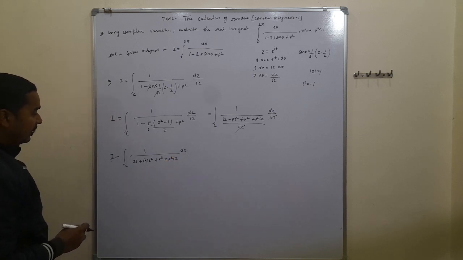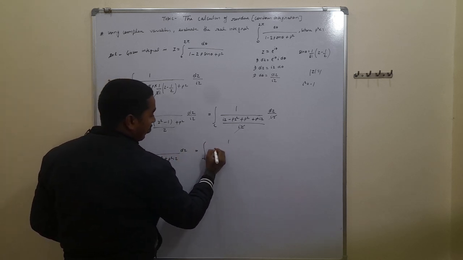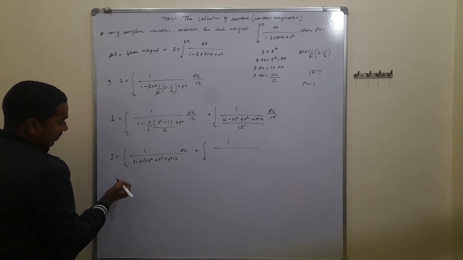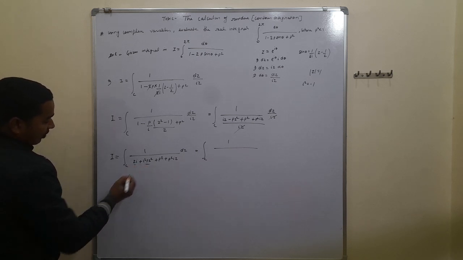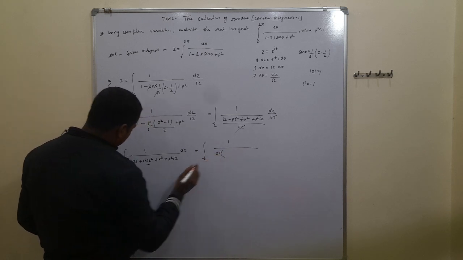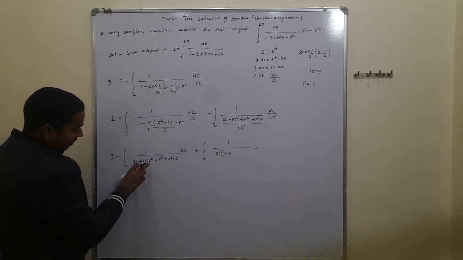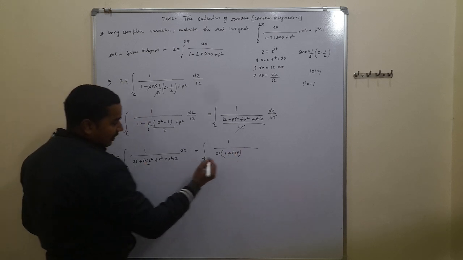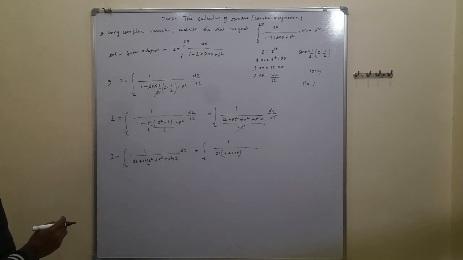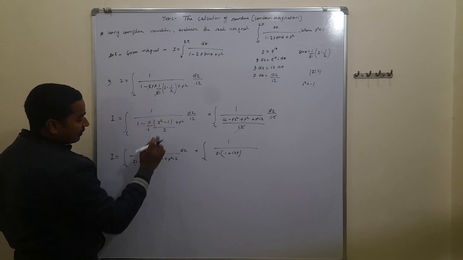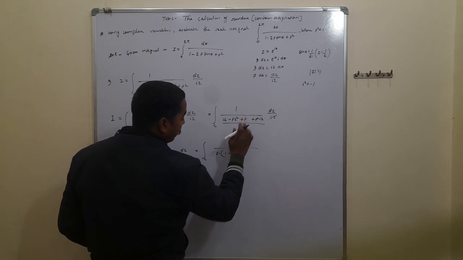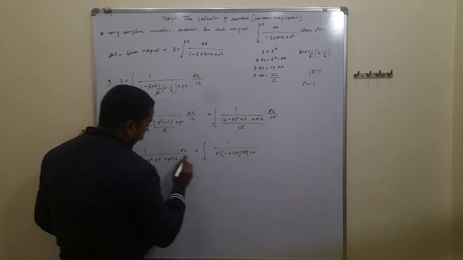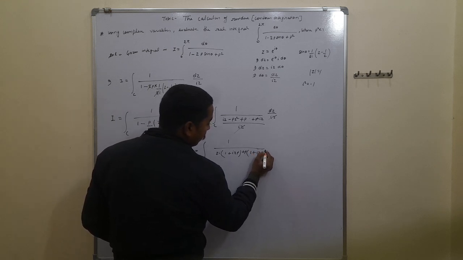Further we have to take common from the denominator. Closed integral 1 upon, from here zi is taken common, then remaining is 1 plus i z p, and from here we take common p, that is p and this is also p, so we take common plus p, and 1 plus izp, upon dz.